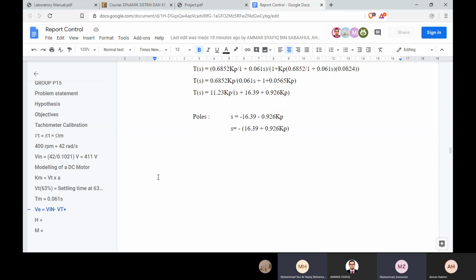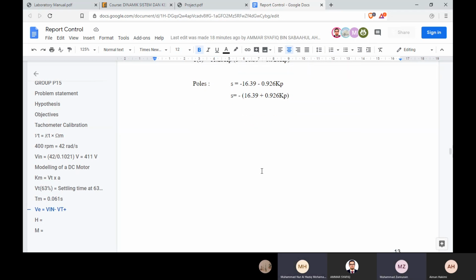The pole we take from the denominator, setting it to 0, and we get S equal to minus (16.39 plus 0.926 Kp).